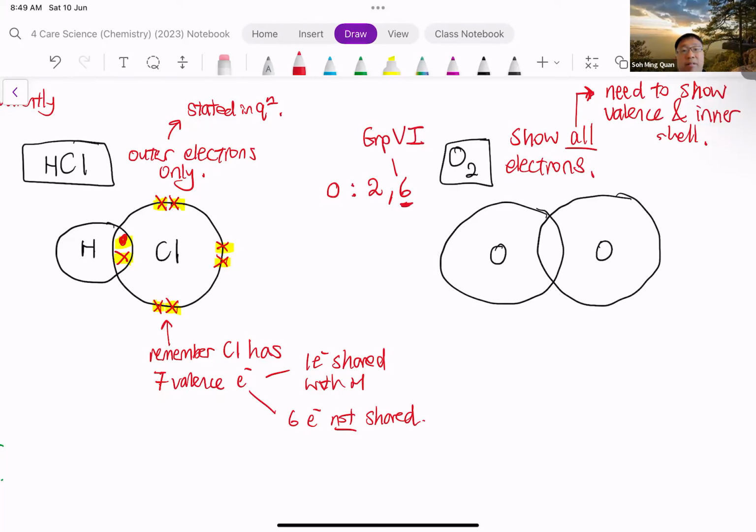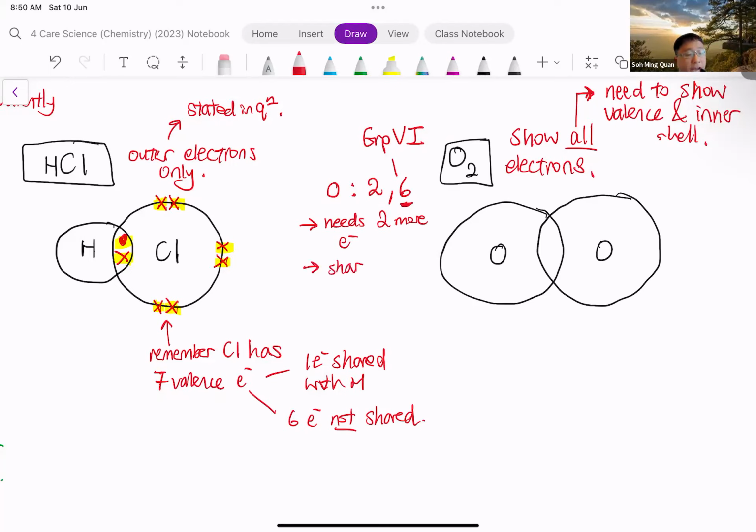Group 6 elements all have 6 valence electrons. Okay? Now, if it has 6 valence electrons, it needs 2 more electrons in order to achieve a fully filled outermost electron shell.